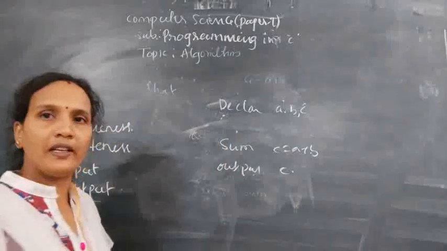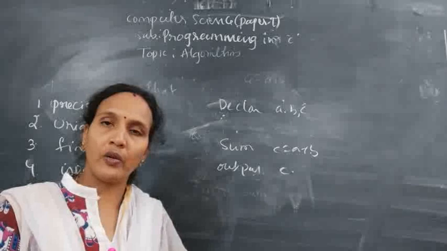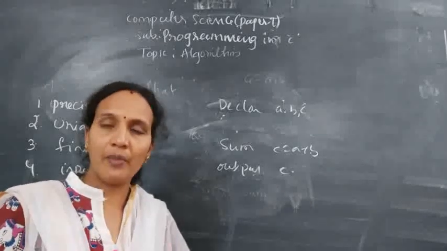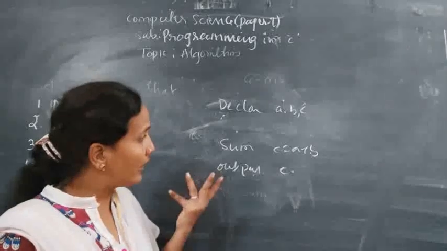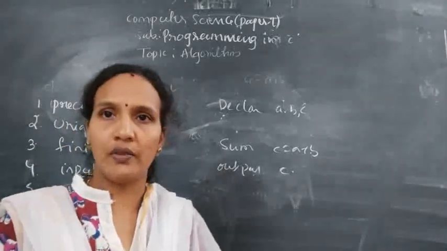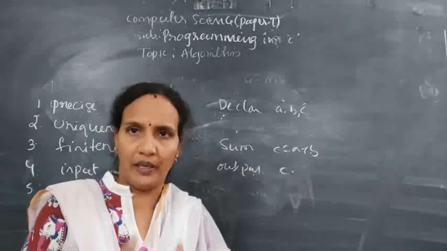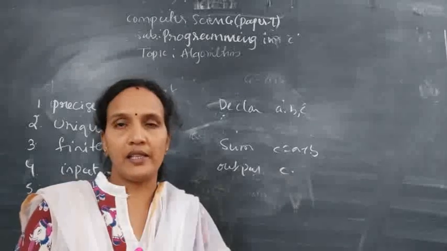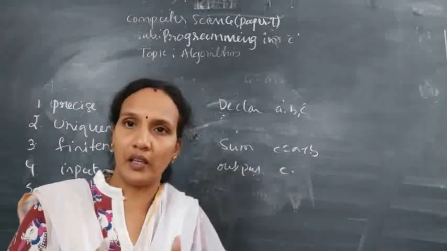If I directly give sum c equals a plus b, then from where will you get a and b? There is a little bit of doubt. Where are the a value and b value? How are we directly calculating? That type of confusion will arise. So whenever writing an algorithm, the steps should be designed precisely, meaning unambiguous.